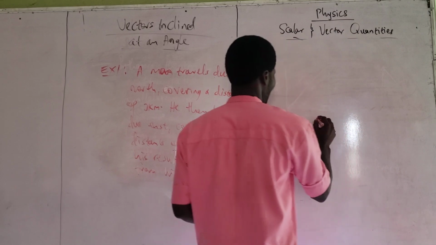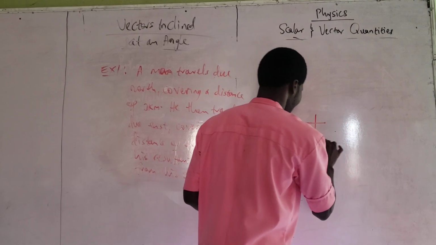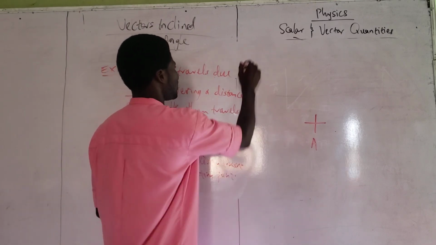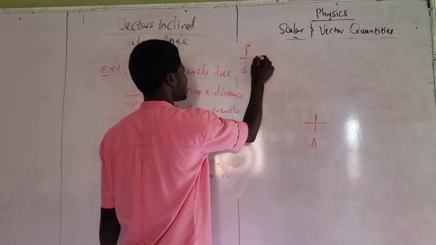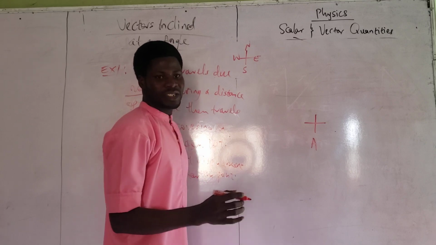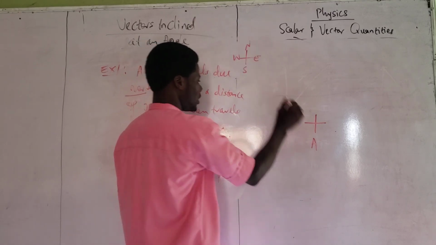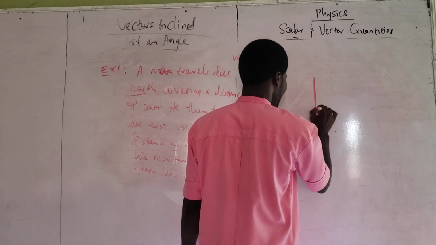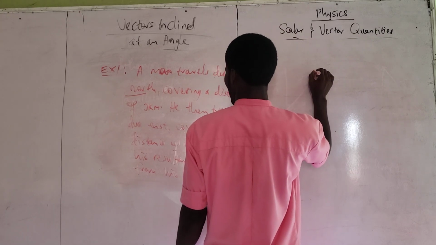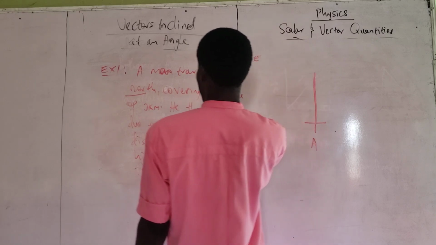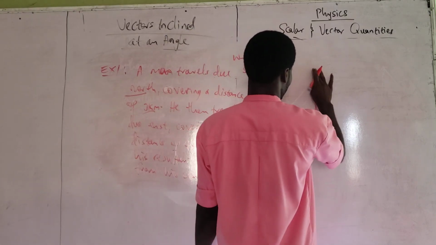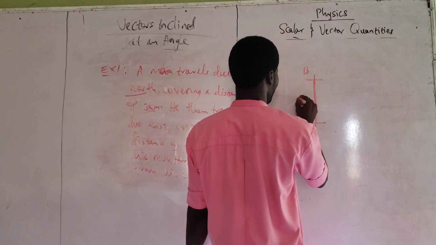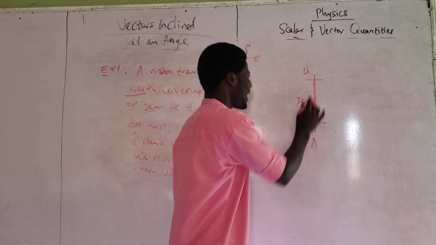So solution now. Let's say the man starts from this point A. The question says he travels due north. Among the cardinal points, we have north, south, east, west. He travels due north means that he just goes north, he moves upward, covering a distance of 3 kilometers. So to this point B, this is 3 kilometers. At present, the man is here.